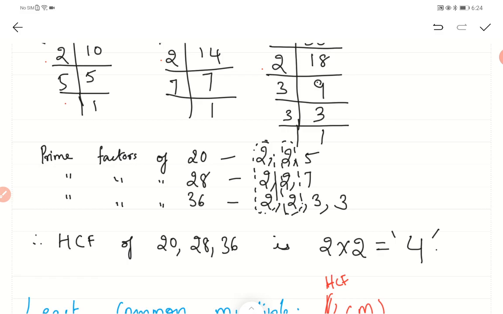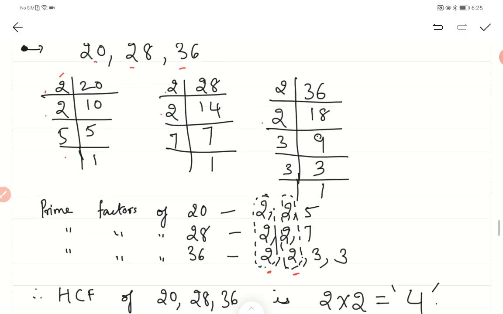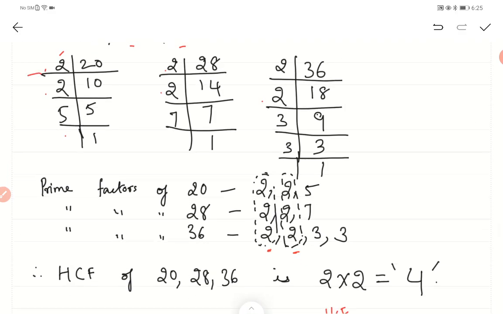Here we have 2 times 2 common, so it will be 2 cross 2, it is 4. All right, so when you go for HCF, you need to find prime factors.